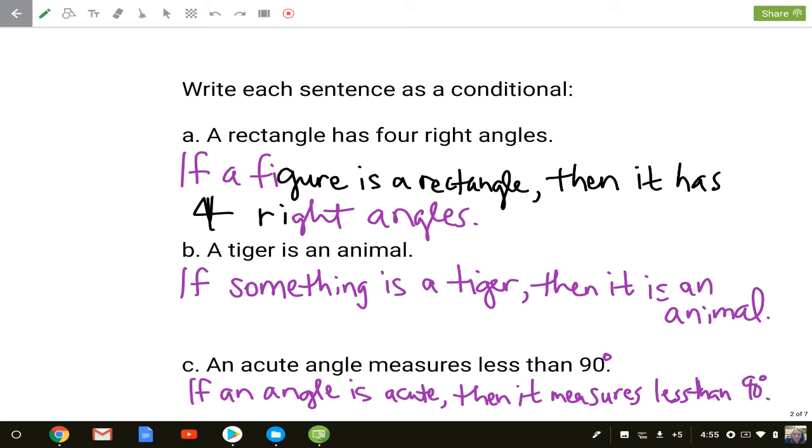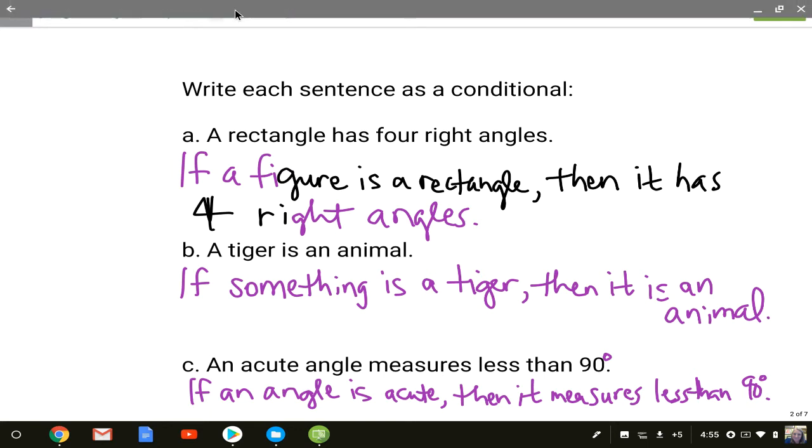And you might have written something like if something is an acute angle, then it measures less than 90 degrees. That's okay too.